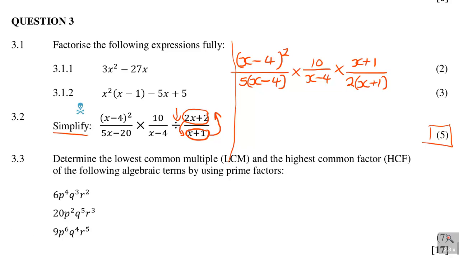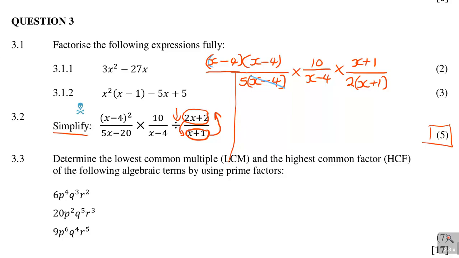Then after that, I can cross out what is common. For example, I have got the first x minus 4. In actual fact, I can do this part on top here. Remember, it's x minus 4 squared, so it means it's x minus 4 and another x minus 4. That is what it means when it's x minus 4 squared.